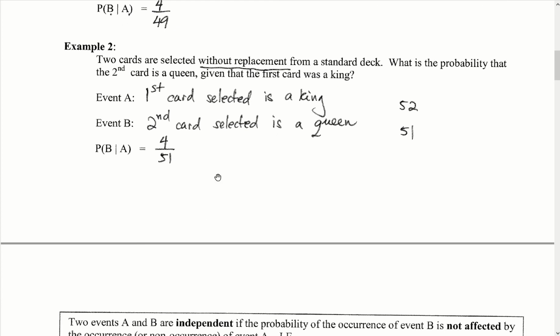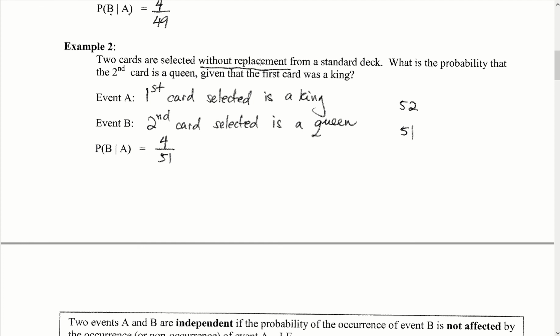Let's take a look at another example. Suppose we're going to select 2 cards from a standard deck of cards, and the selection is going to be done without replacement. What is the probability that the second card is a queen, given that the first card was a king? So we want the probability of a queen given that we selected a king.